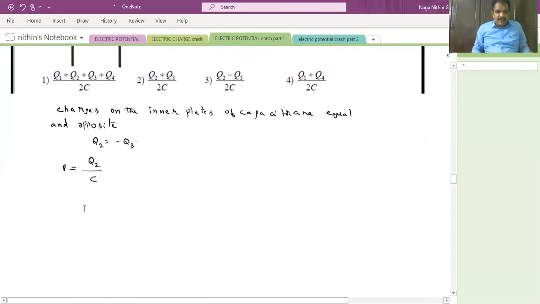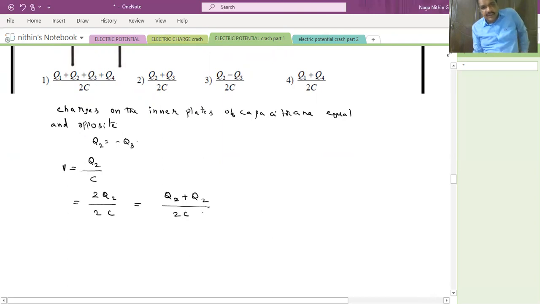So we'll write like this: I am writing it as 2Q2 by 2C. I multiplied by 2 and divided by 2. 2Q2, I am writing as Q2 plus Q2 by 2C. Can we write like this? Yes, we can write.